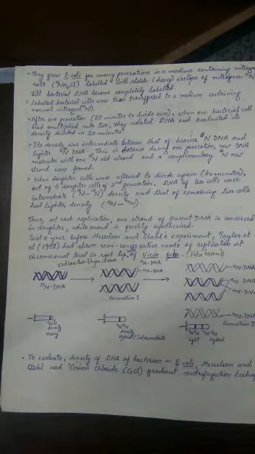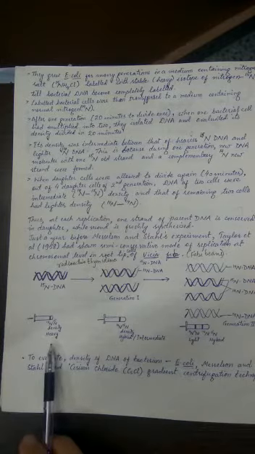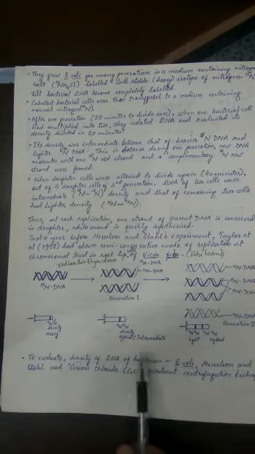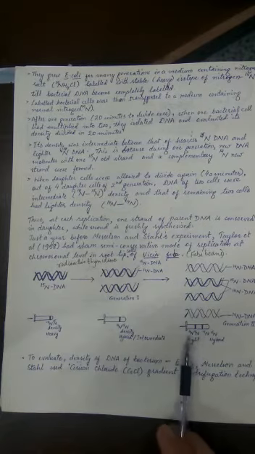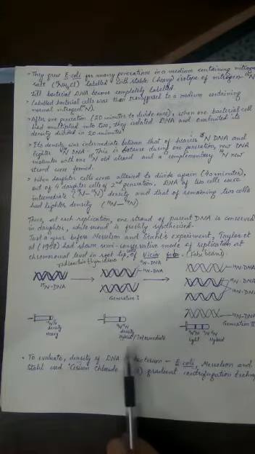And one more bacterium from that N15 medium was taken and shifted to grow in N14 medium. After one step of replication, that means 20 minutes, the DNA of the resultant daughter cells was taken out, and it was found by centrifugation that it was not as heavy as the N15 one. It was not as light as the N14 one, but it was somewhere in between.